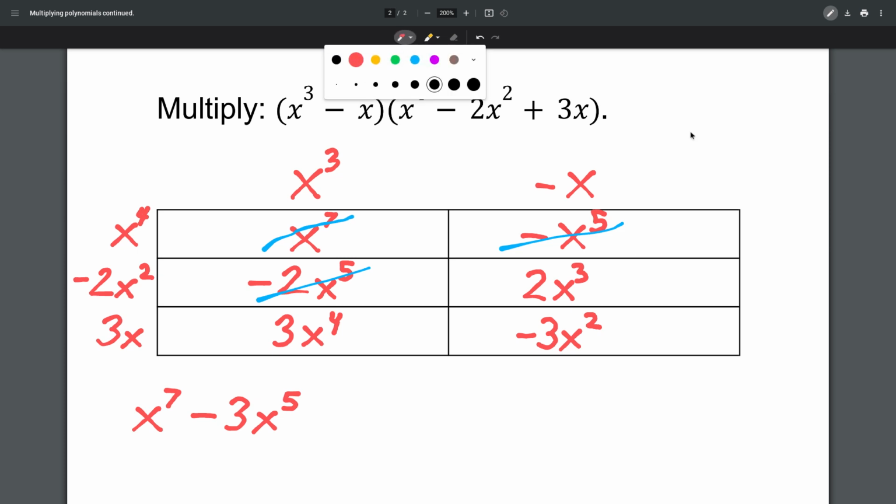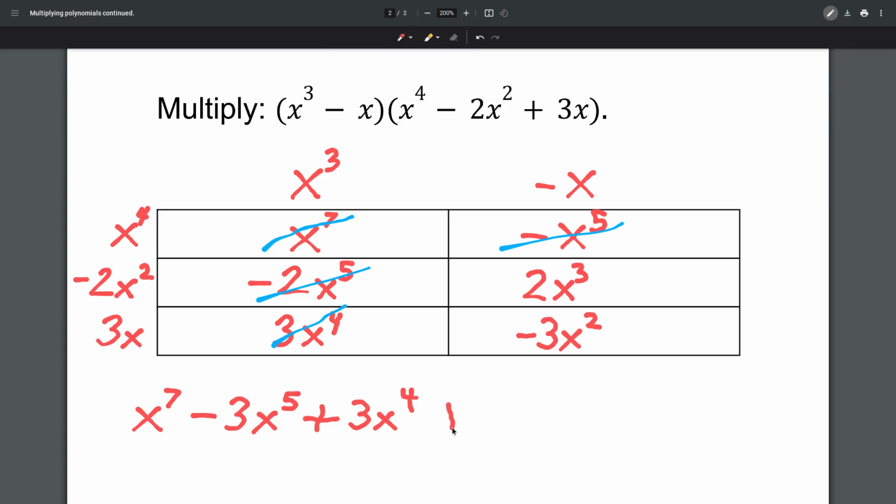And next up we have x to the fourth. So this 3x to the fourth. So we're going to put plus 3x to the fourth there, and cross that one off. And then after that the next highest power is 2x cubed.